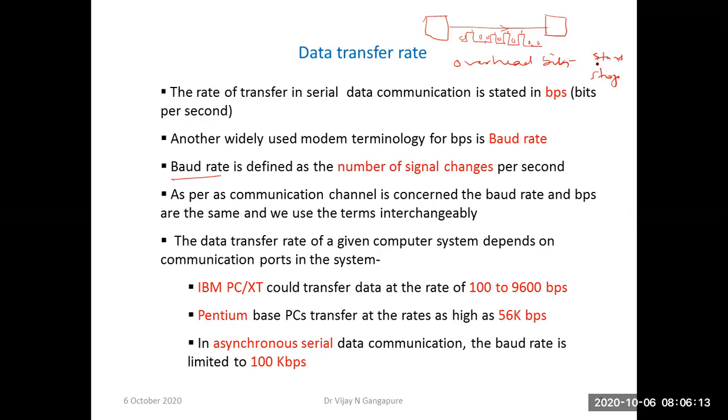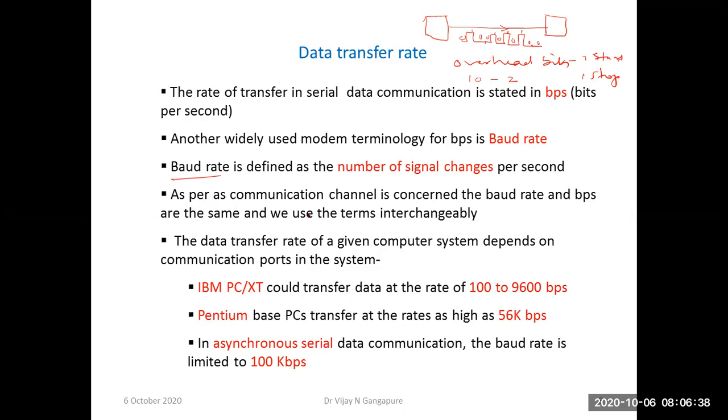For example, to serially transmit one character, we require one start bit and one stop bit. So these two bits are called overhead bits, meaning out of 10 bits being transmitted, 2 bits are overhead bits. That is called baud rate.